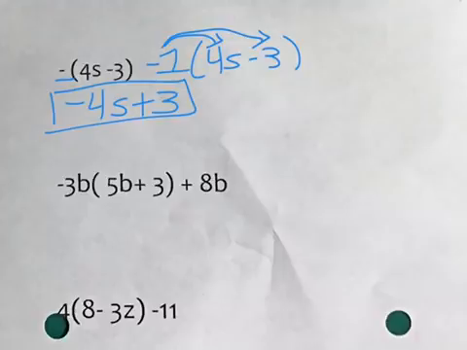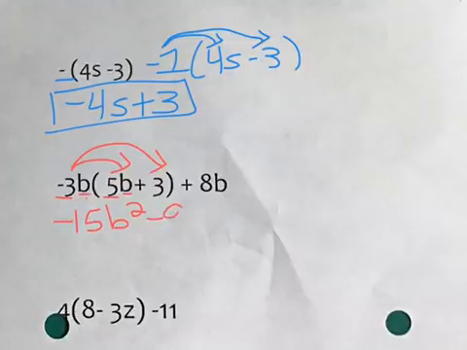For the next one, we're going to do -3b times 5b. So we have -3 times 5, which is a -15, and then we have b times b, which is b squared. Now we have to multiply -3b times a +3. So -3 times +3 is -9, and then you keep the b.